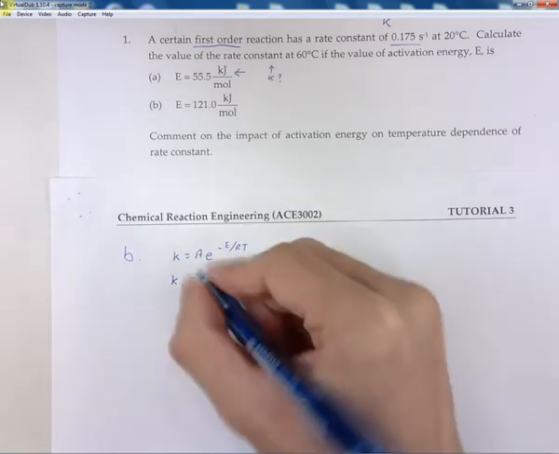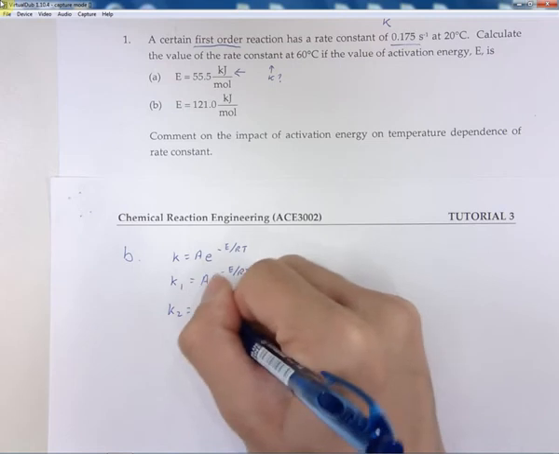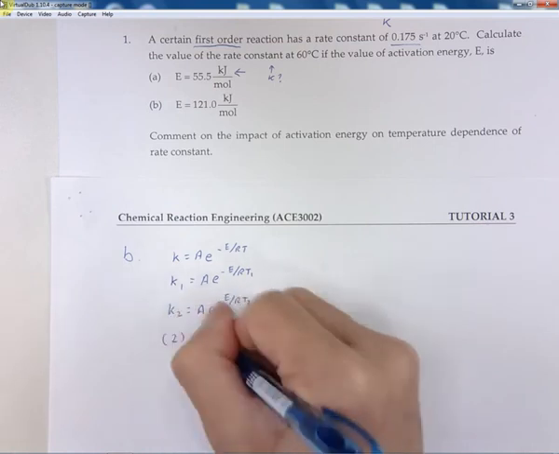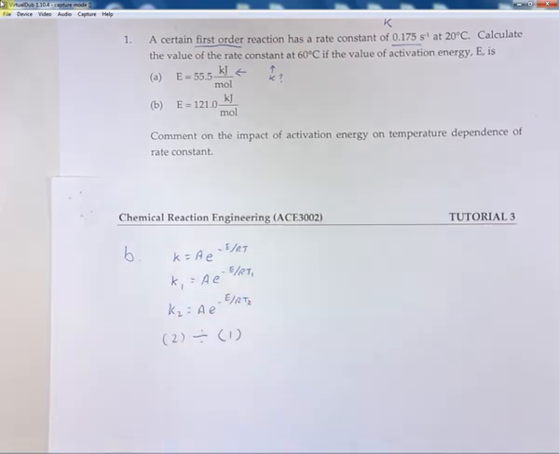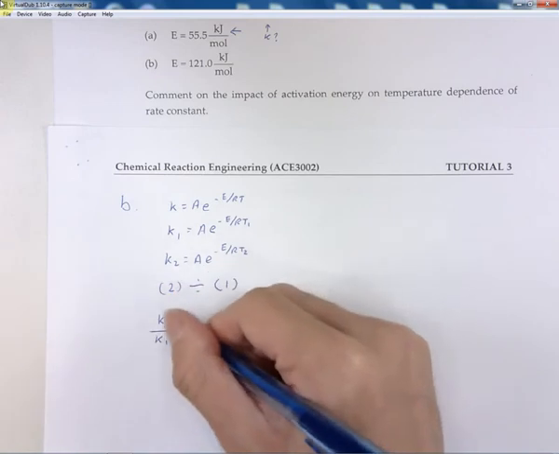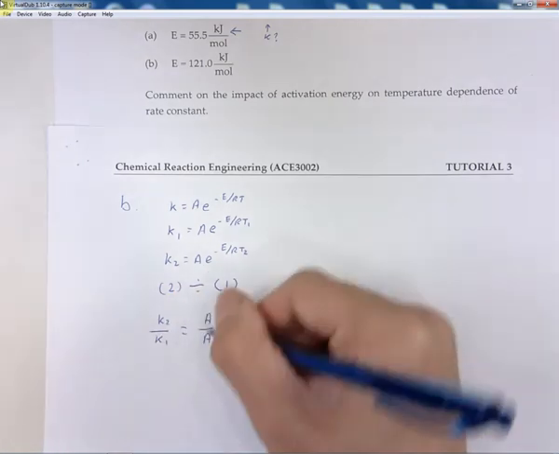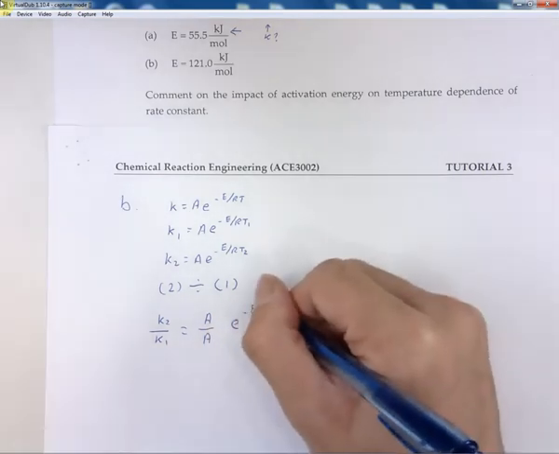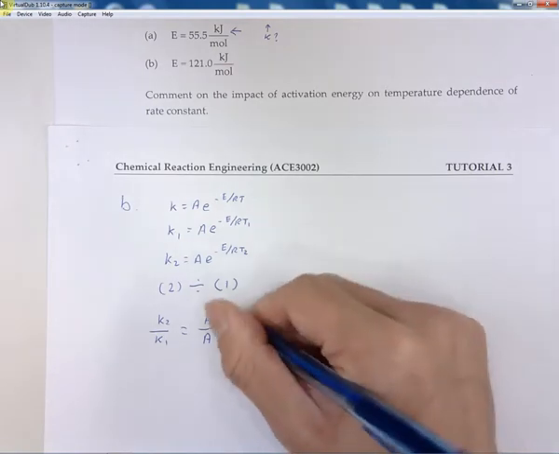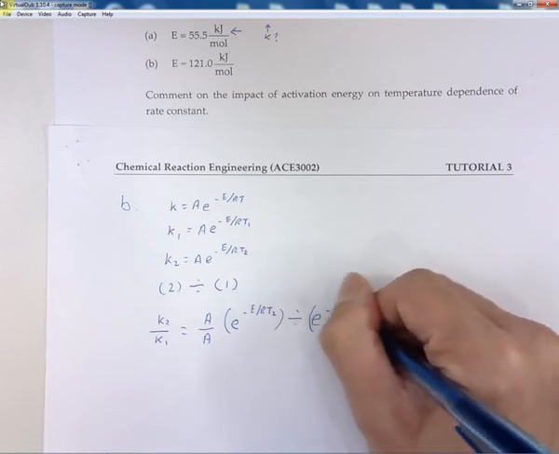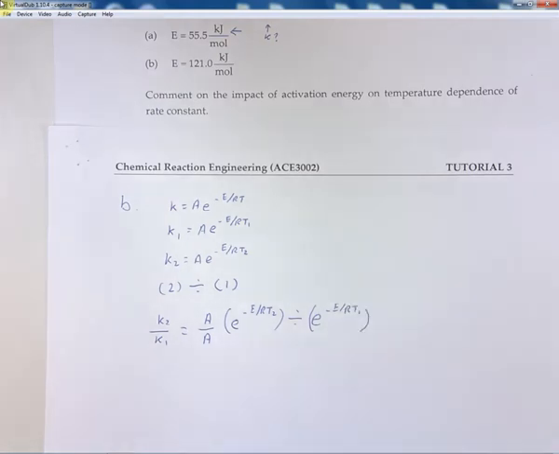So we will write k2 = A e^(-Ea/RT2). And if we take 2 divided by 1, you get k2 over k1, and the A will be divided by A, which cancels off into unity, which is 1.